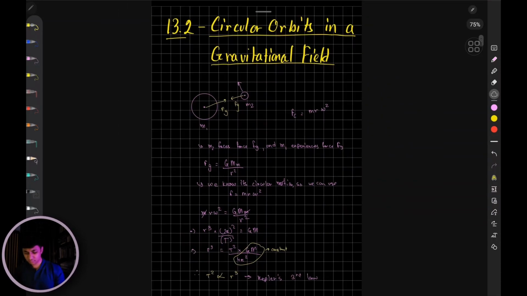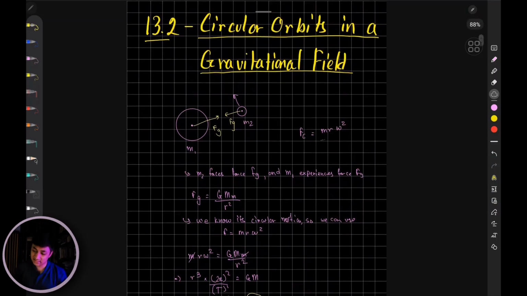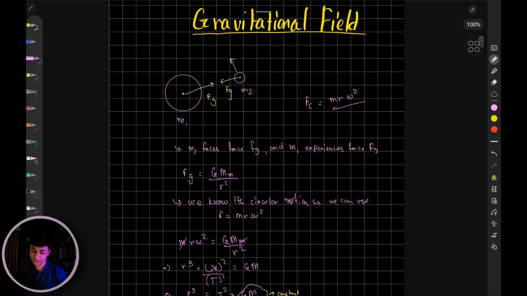Yes, we can. So if we equate both of these equations, that is Fc equals m r omega squared, the centripetal force, and you know the force due to the gravitational field, G times the product of masses divided by their separation squared. So here is the Fg.